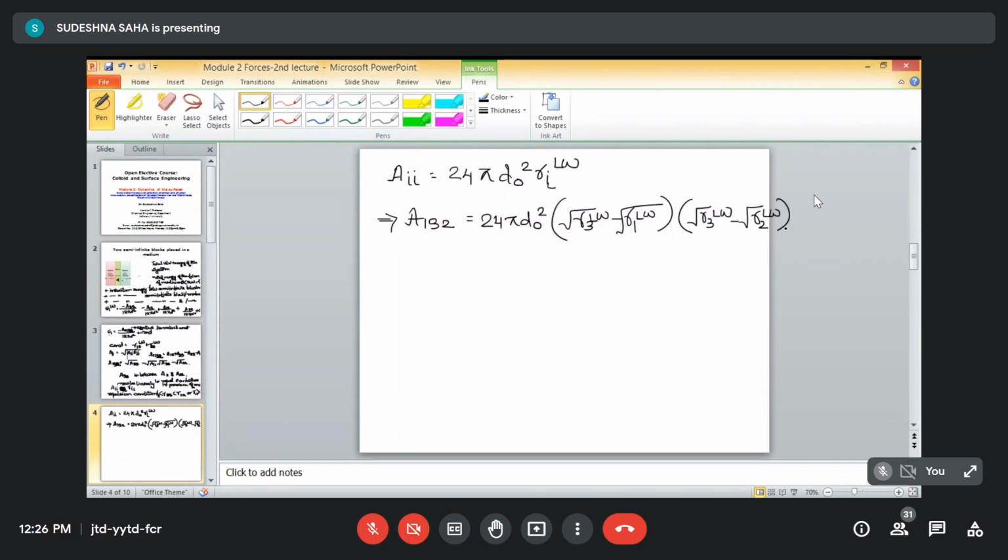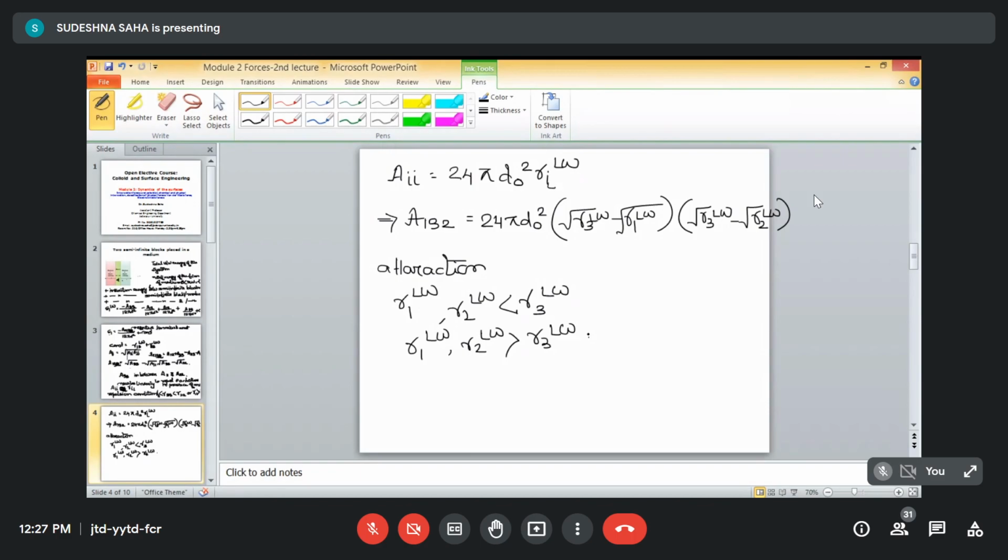Okay, so this one we can write it. So for attraction forces, gamma 1 LW and gamma 2 LW have to be less than gamma 3 LW, or either way, I mean gamma 1 LW and gamma 2 LW will be greater than gamma 3 LW.